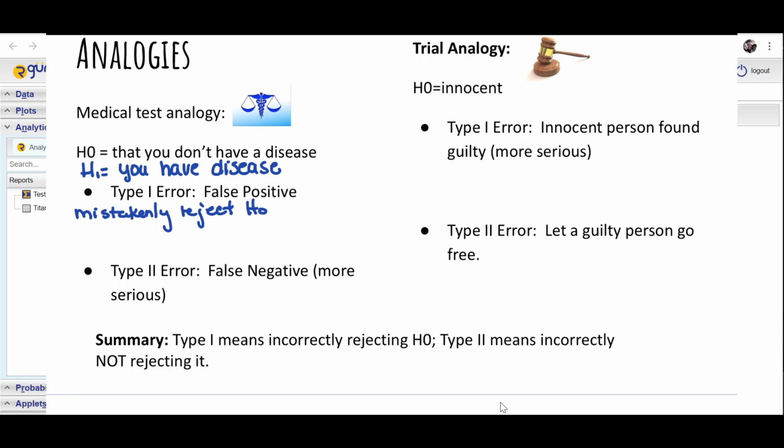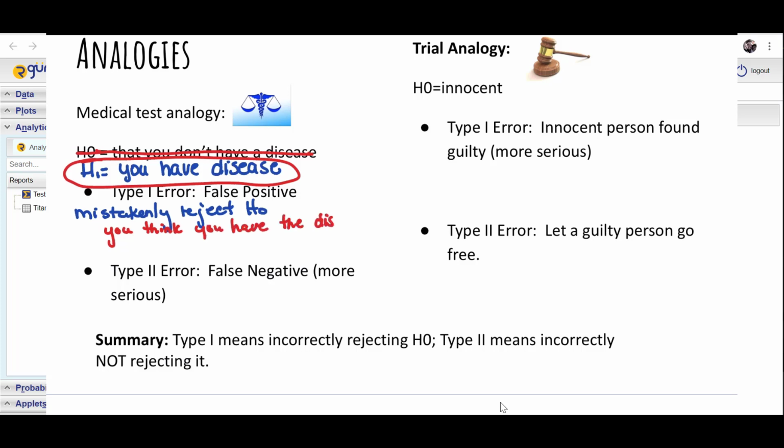So what you're saying is you rejected that, and if you reject that, then that means you think you have the disease.